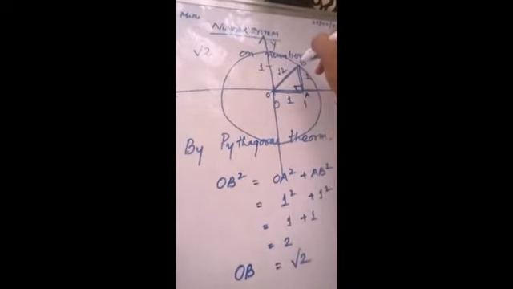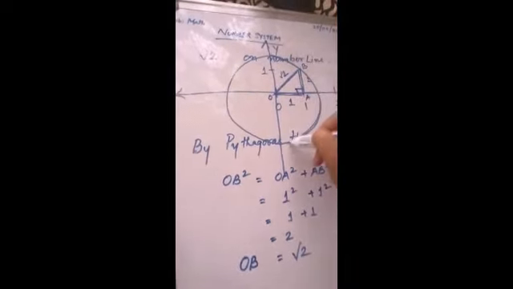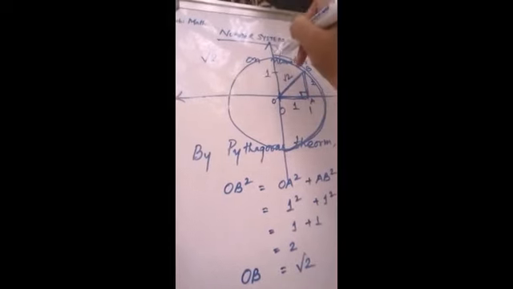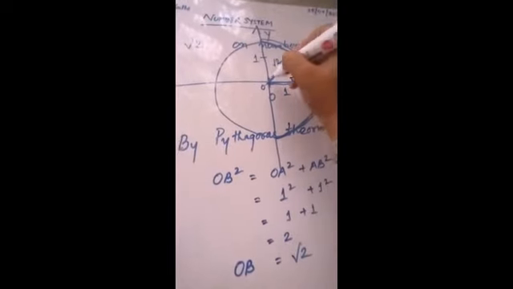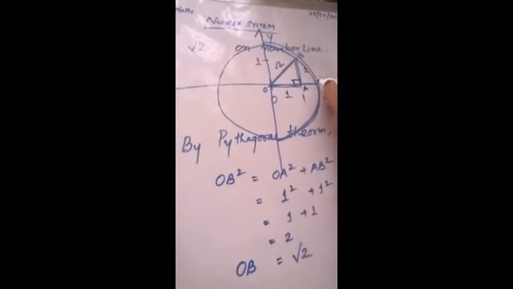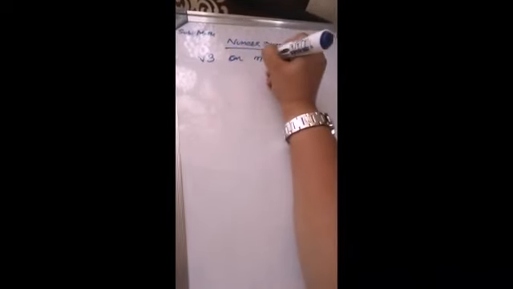If we draw an arc on the number line, this should also be the radius. So this point, if we mark it on the number line, gives us root 2. Now let's plot root 3 on the number line.